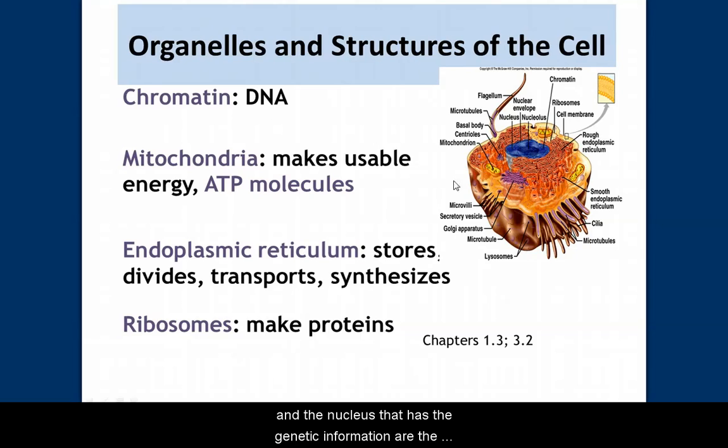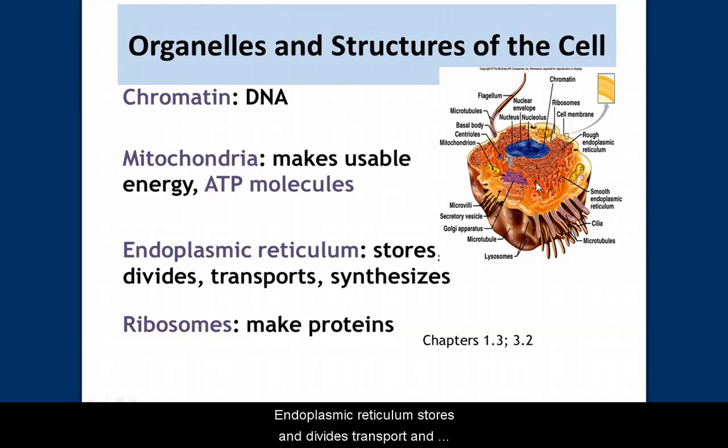The mitochondria, this organelle here is the mitochondria, and it is responsible for making the most ATPs, which are energy currency for our cells to use to do all kinds of activities. ATP is very important for usable energy.